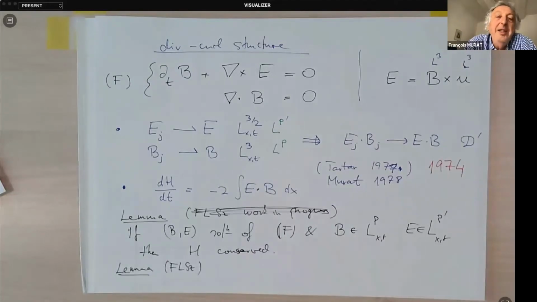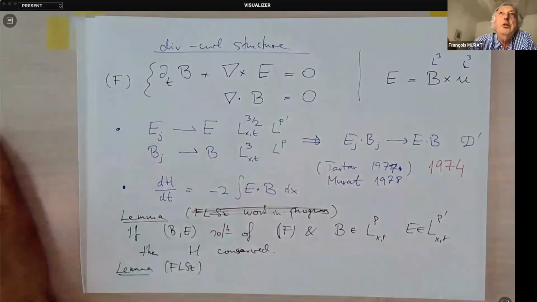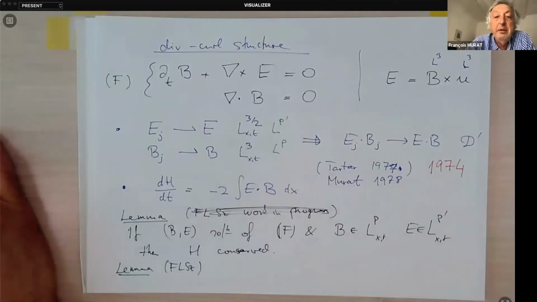In any case, for me this is not really important. What is important is that at some time the idea appeared that you can pass to the limit in a product without having a strong convergence and a weak convergence. This appeared as compensated compactness.